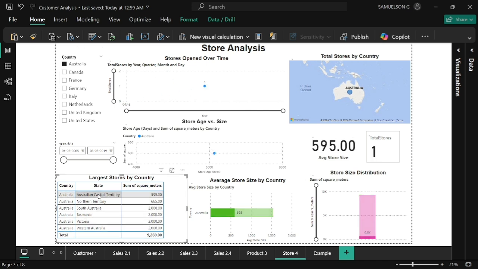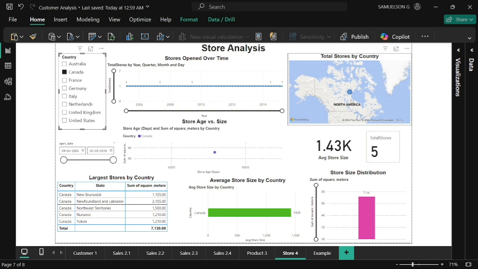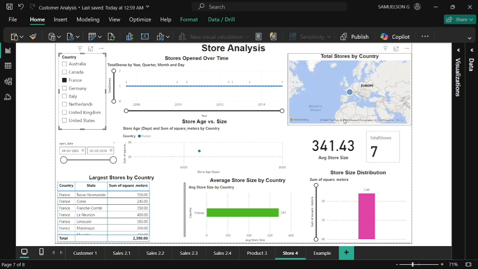Okay. In Canada, you can see a total of 5 stores, and you can see this in the geographic view also, Canada, North America. The average store size is 1.43k. It's also average only. And France is below average. You can see the average store size by country.